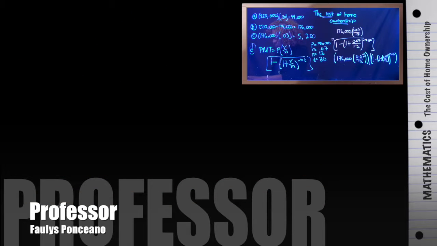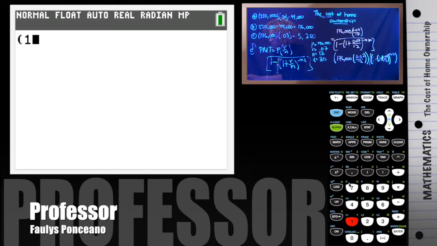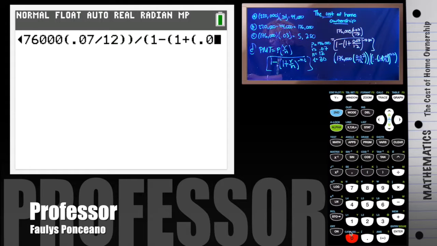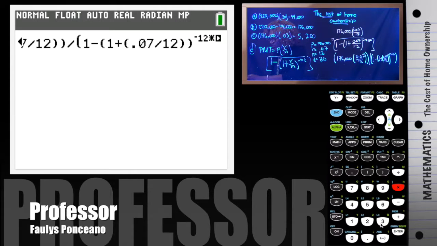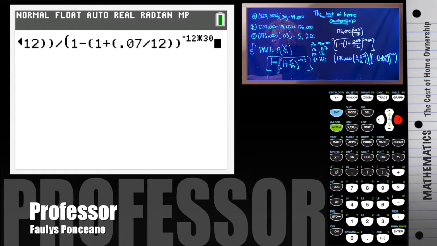So let's start with the parentheses. 176,000, open parentheses, 0.07 divided by 12, close, close, divided, 1 minus, parentheses, 1 plus, parentheses, 0.07 divided by 12, close, close, raise for the exponent, negative 12 times 30, bring the cursor down, close parenthesis.